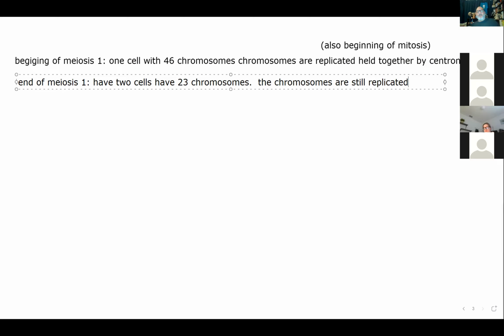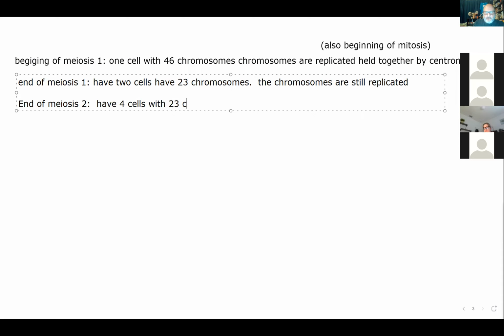So at this point, we have 2 haploid cells, but their chromosomes are still replicated. So that at the end of meiosis 2, we now have 4 cells, each with 23 chromosomes, but those chromosomes are not replicated. And so that's how we go from the numbers that we have. Thank you. Yep.